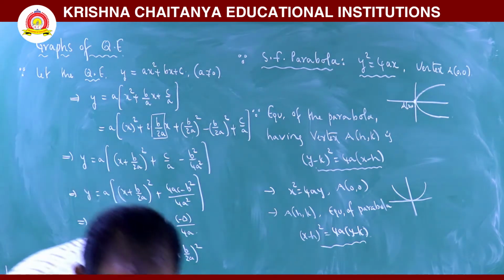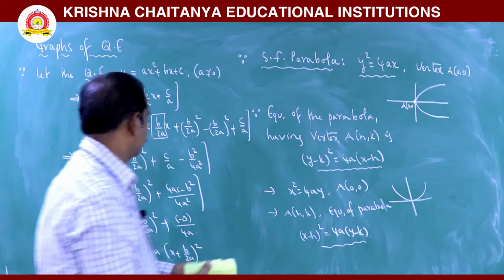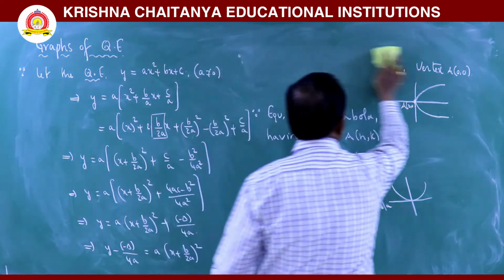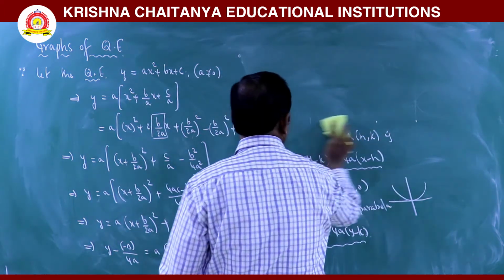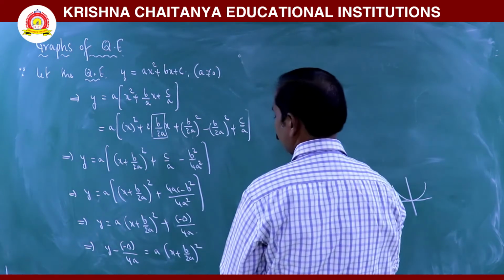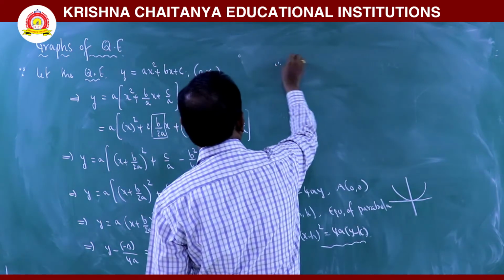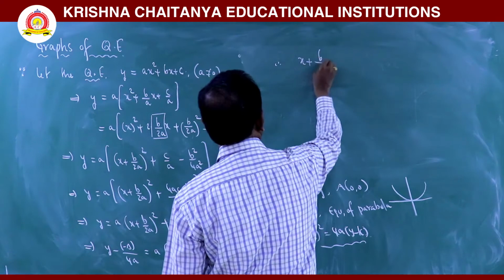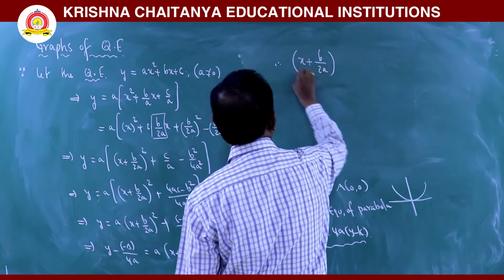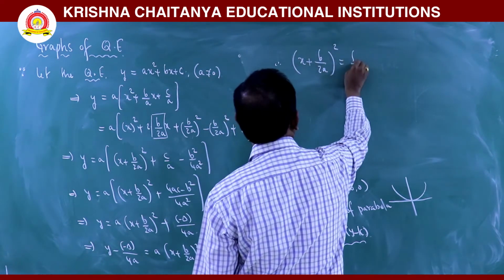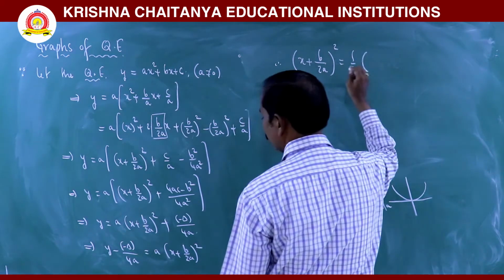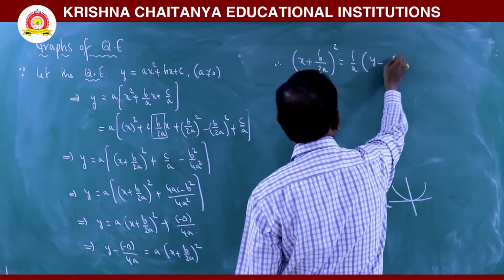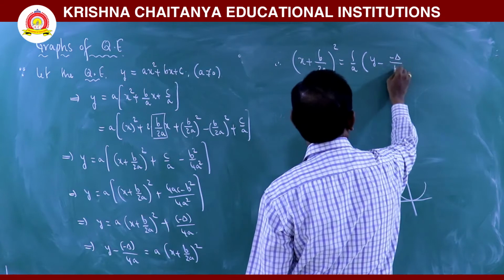After cross multiplication, what do we get? x plus b by 2a whole square is equal to 1 by a into y minus of minus delta divided by 4a.